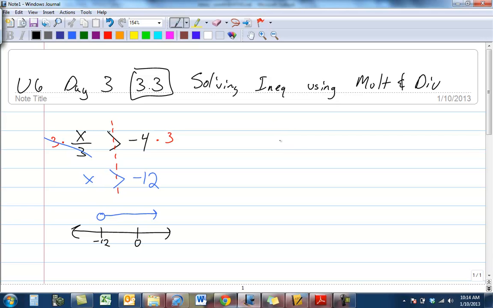Let's do another one. How about 24 less than or equal to 2x? What would you do to get x by itself? I like to draw my line. Divide by 2 on both sides. So you're left with 12 is less than or equal to x. Now, because x is on the right side, that creeps me out a little bit, so I like to write it the other way.